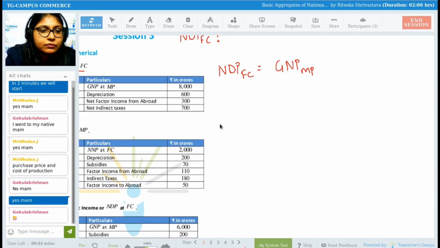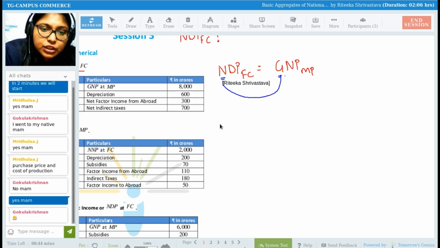Now see what you have to do basically. Go to the first term of the given aggregate. It is G. And the aggregate which you have to find out is N. That means you have to convert this G to N, that means go from gross to net.